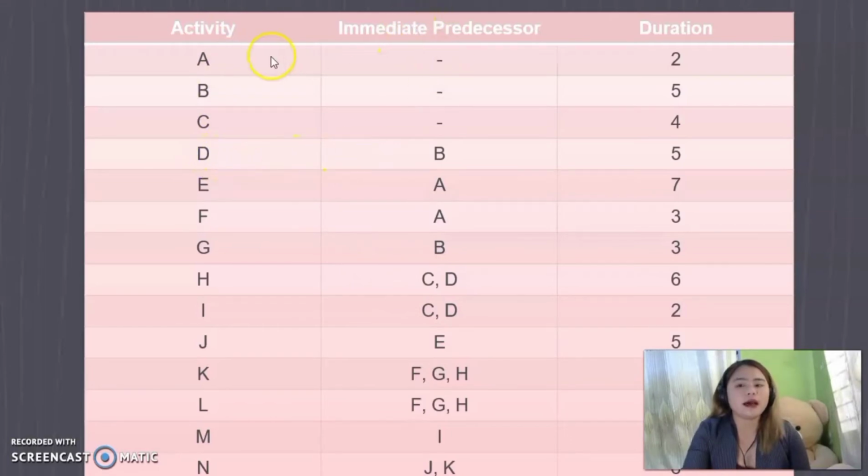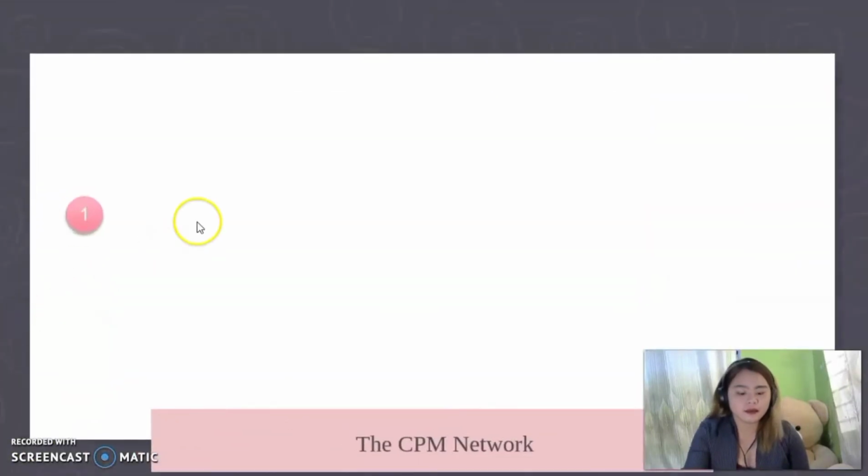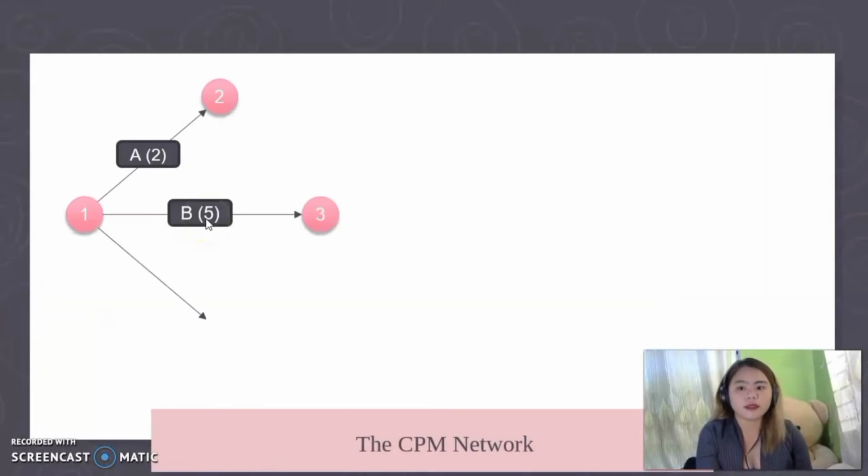So activity D starts where activity B ends. So B ends here.